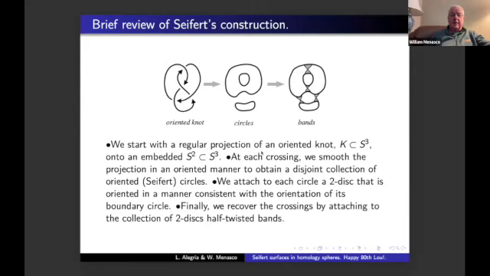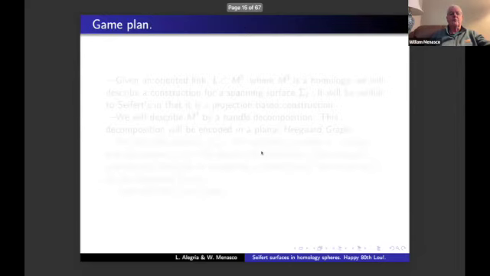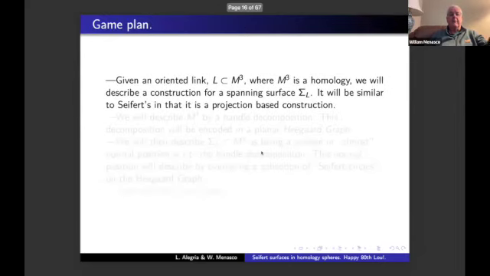So it's a fairly elegant and simple algorithm we can teach high school students. That's fun to play with. But the game plan for this talk is I'm going to try to repeat that calculation, but the starting point is in fact an oriented link inside a homology sphere, an integral homology sphere.